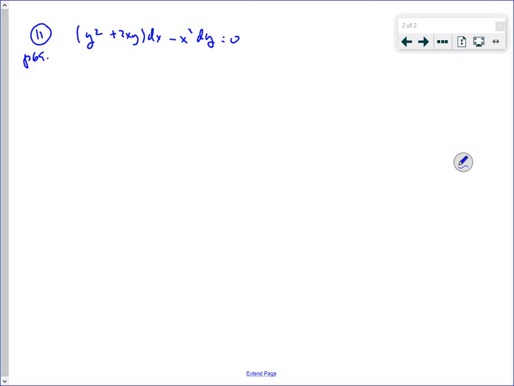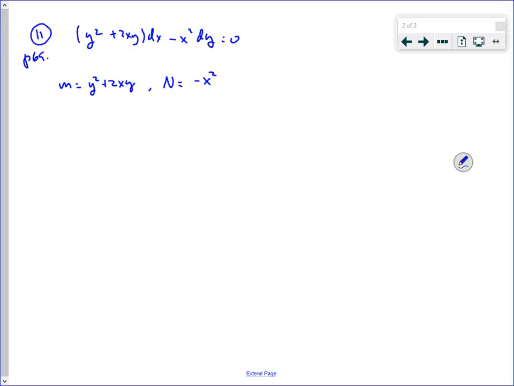So M is the function that's in front of dx, so it's y squared plus 2xy. N is the function that's in front of dy, so it's negative x squared.